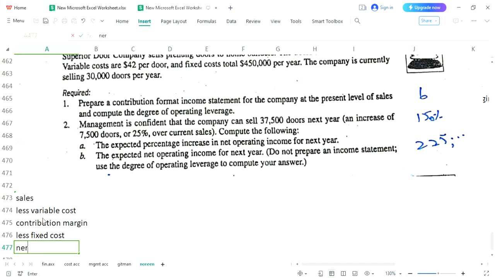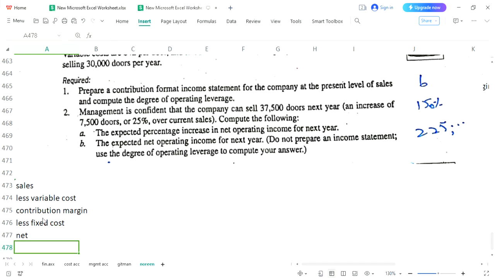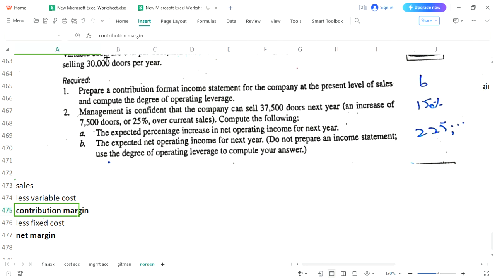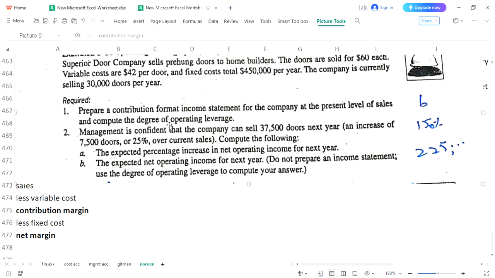The answer would be net margin. So this short statement is the contribution format income statement, and we are asked to make it according to the elements given over here.